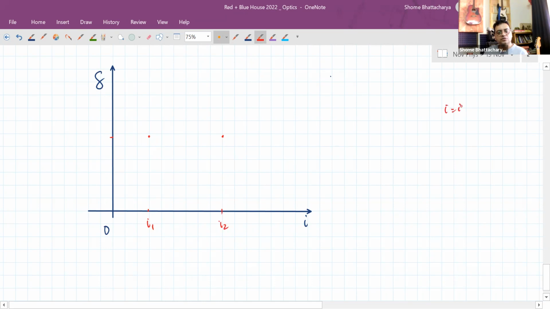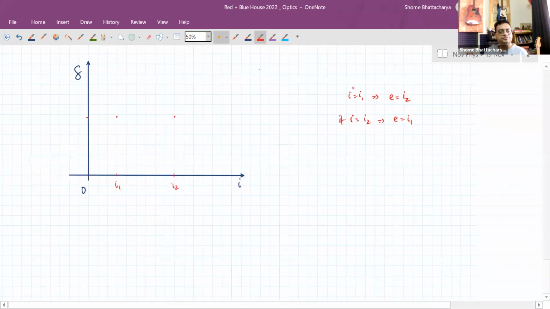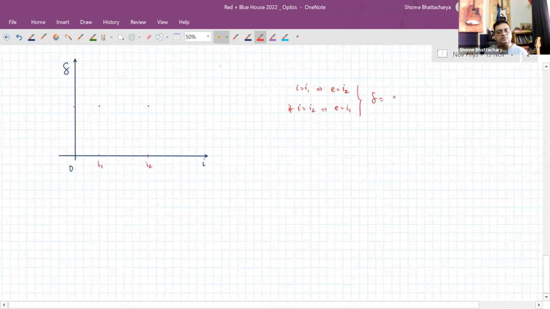So if I is equal to I1, then E will be equal to I2. Whereas if I is equal to I2, now emergence will be equal to I1. But in both cases, the deviation will be the same. It will be I1 plus I2 minus A.